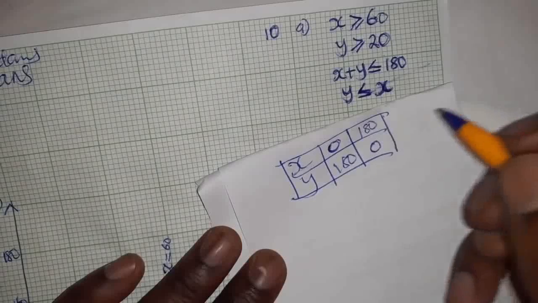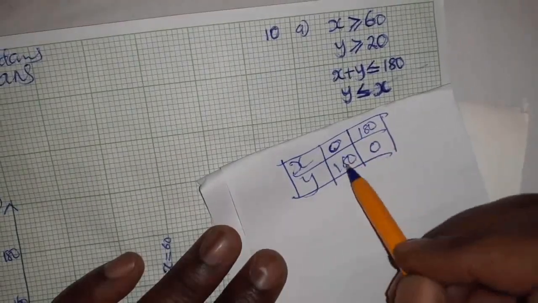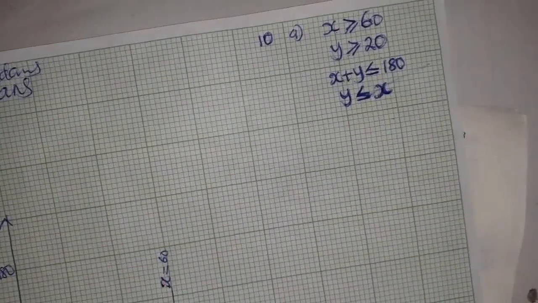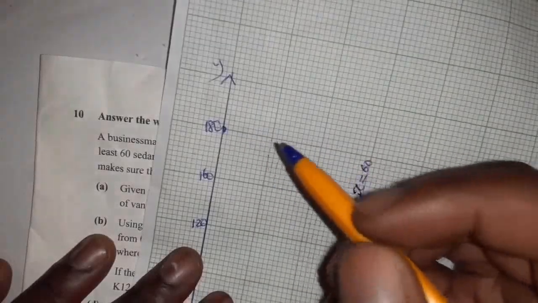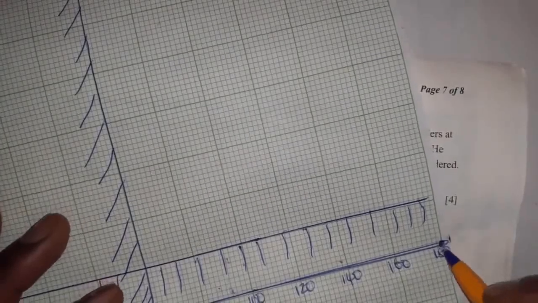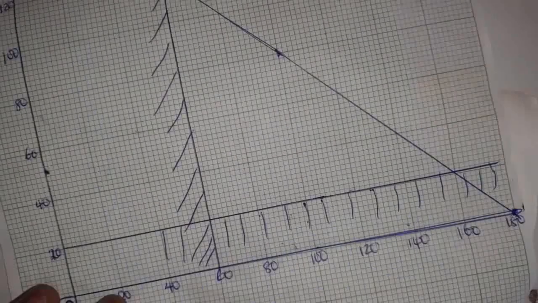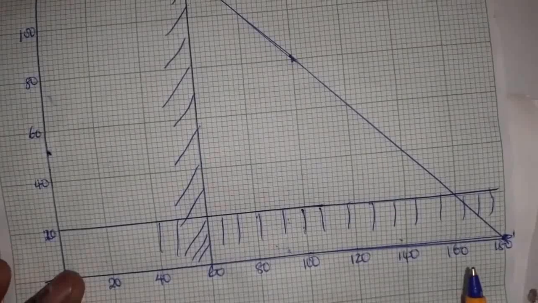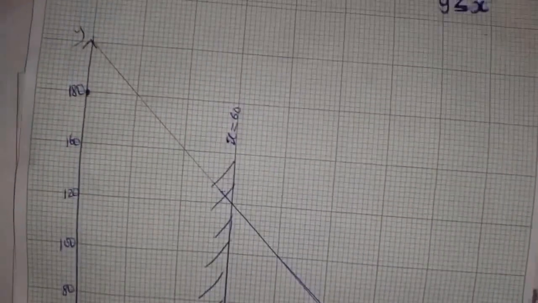X will be 180. All right? So you're going to be dealing with 0, 180 and 180, 0. So we have this point here, which is 0, 180, and this one here, which is 180, 0. So we need to join these two points. You need a ruler here, which is longer than mine. So you draw this one. From there, it goes up to there.